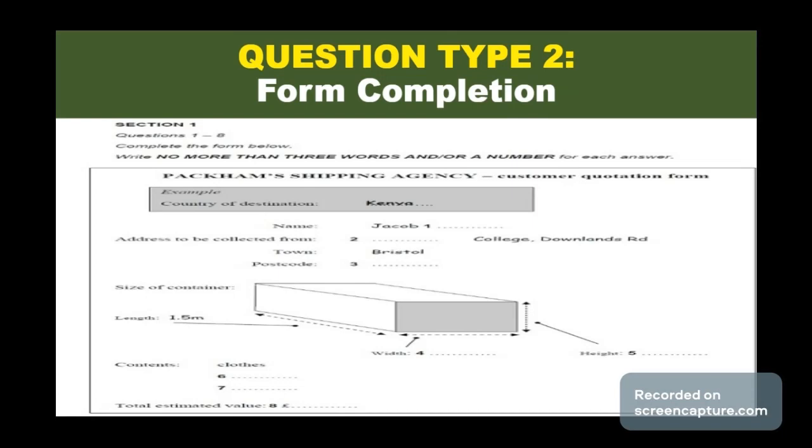Now, our sample question has the title Packham's Shipping Agency Customers Quotation Form. So that gives you insight into what the form is about. It is a shipping agency, and then the form is for a customer. It's customer's quotation form.